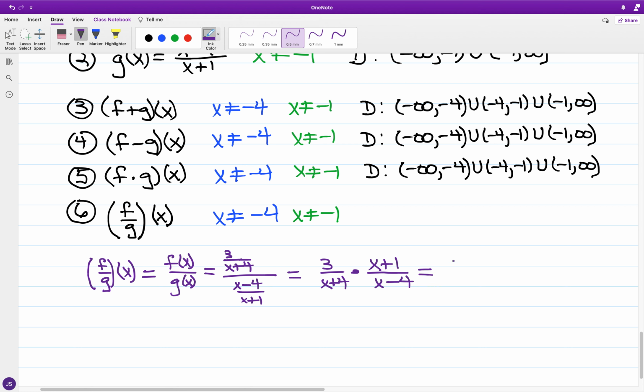And so for the end result, we have 3 times the quantity x plus 1, all over the product of x plus 4 times x minus 4. And guess what? Originally we had x plus 4 and x plus 1 in bottom positions, and now you notice we have x minus 4.